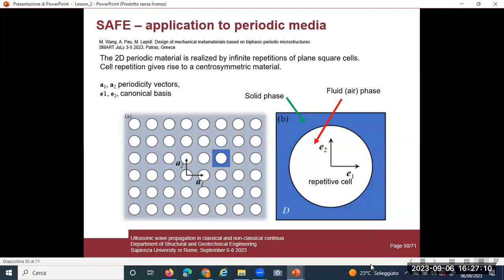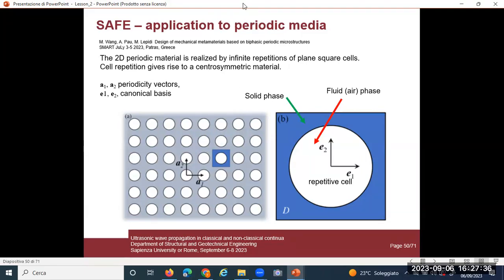The semi-analytical finite element method also applies to periodic media. And this is an application which we recently presented at the conference SMART, just in July 2023, together with my colleague Lepidi and Meng Wang, who is a PhD student at the moment.